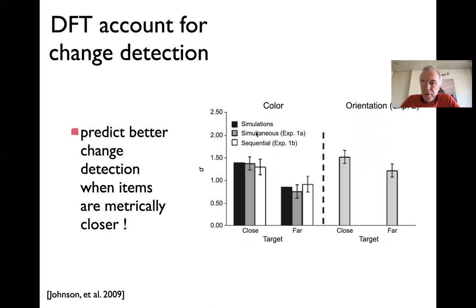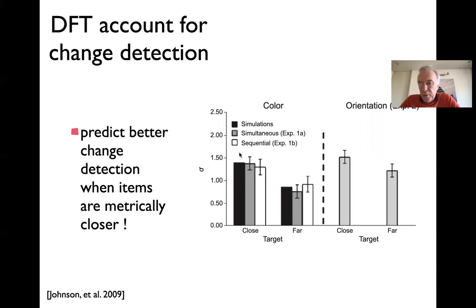So the experiments had color as the feature or orientation, and there are different variants of the experiment. It doesn't really matter. So this is the d prime, how accurate you are in making the change detection.